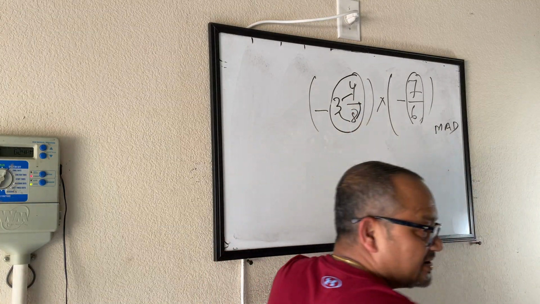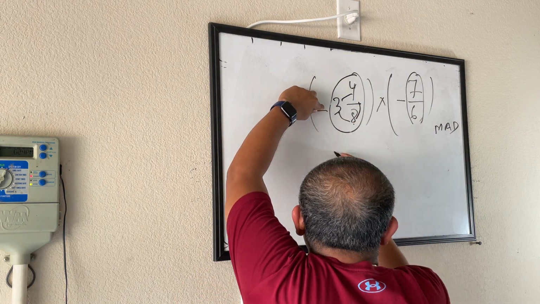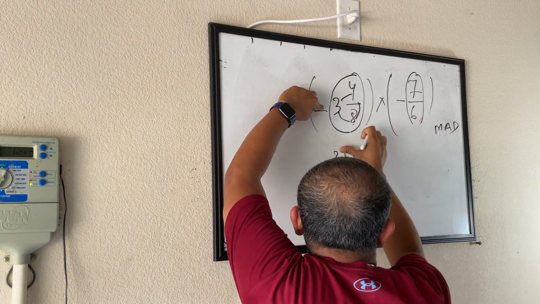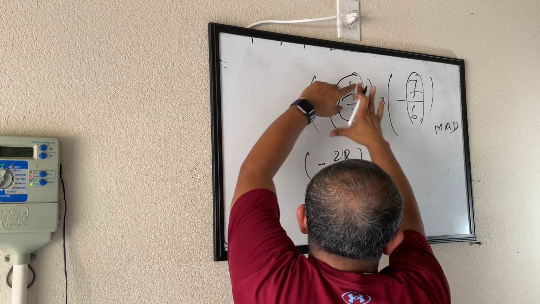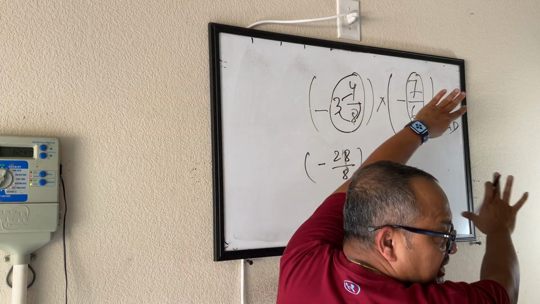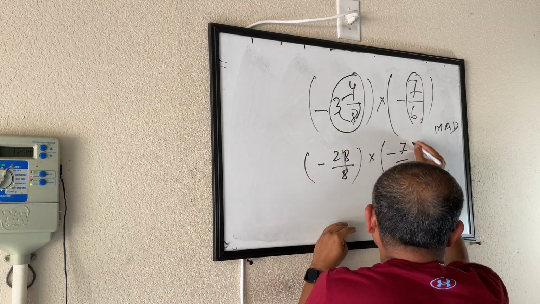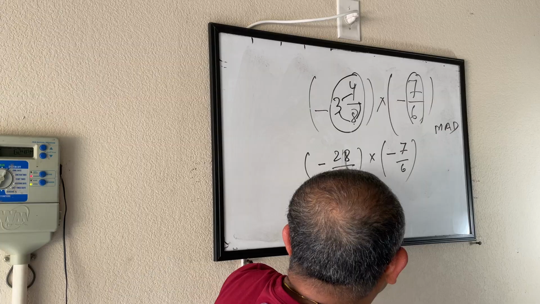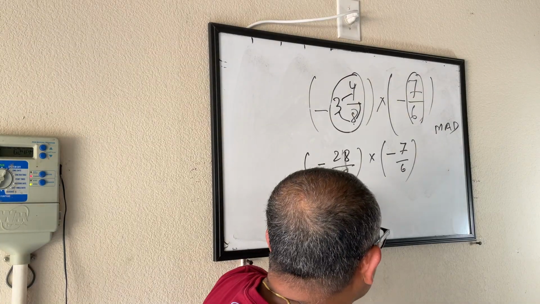Multiply, add, divide. So 8 3s are 24 plus 4, 28 by 8, and you have a minus sign. You are not missing anything. You are just continuing with the flow. Multiply that with minus 7/6. Okay. Now it's much better, right? Here it was a little complicated. We made it a little simple.